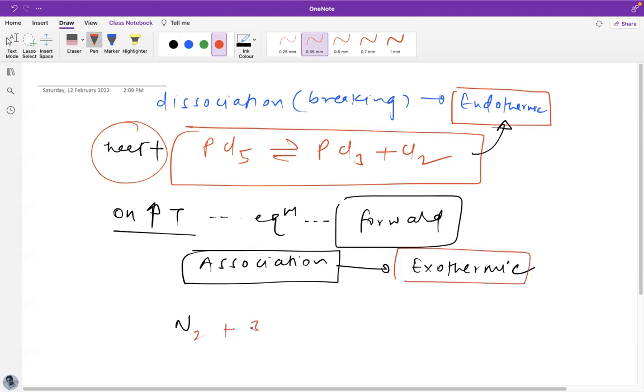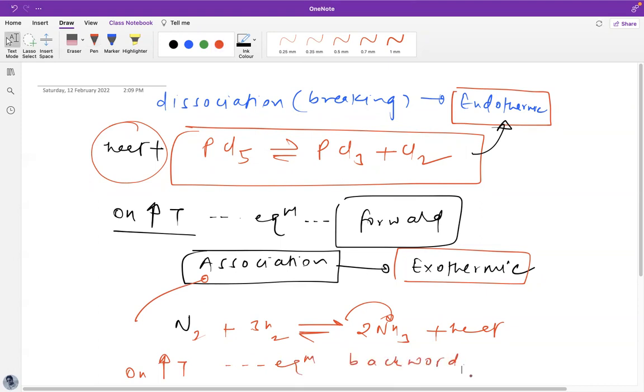Suppose you have N2 and 3H2 that will give you 2NH3. N2 and H2 combine to make ammonia, which is association, and association is exothermic. So heat is present on the product side. If you increase your temperature, equilibrium will shift backward.